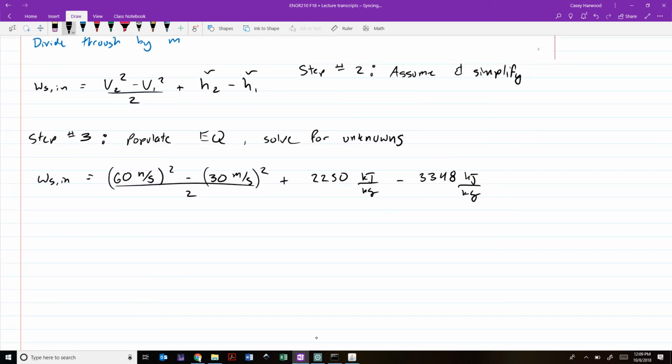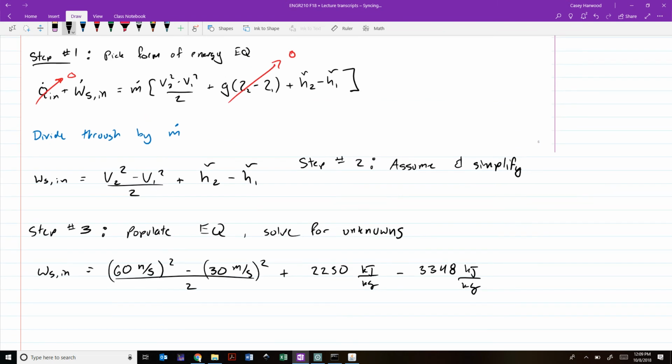So we need work shaft divided by mass flow. This has already been divided by a mass flow rate. If we take this W dot shaft and we divide it by m dot, then we end up with this term right here.